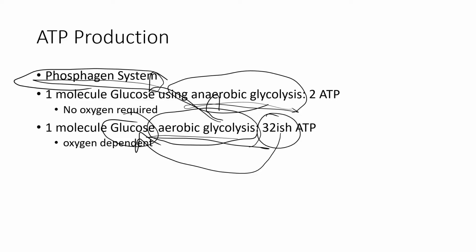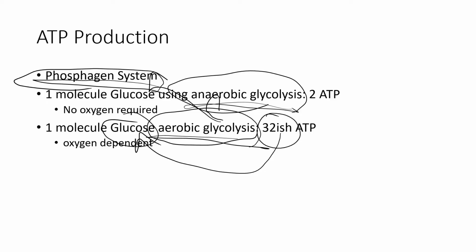The objective of this lecture is to talk about the circumstances we've already discussed inside of a muscle cell, but now focus more on what causes the cell to transition between these systems. By that I mean what causes one system to dominate over another, because in reality all these systems are used simultaneously, but in different circumstances one will certainly dominate.